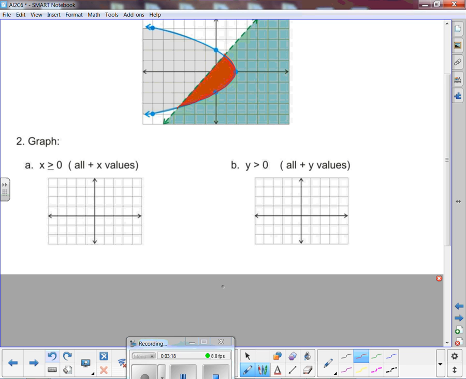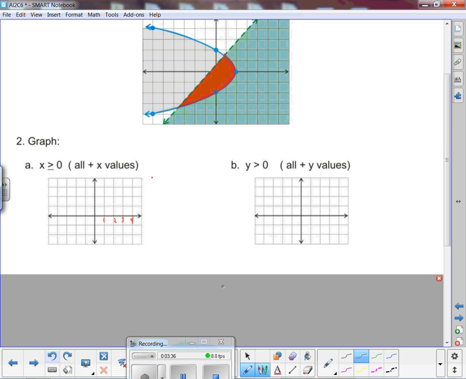Okay, so what does the graph of that inequality look like? Well, because it's all the x values, and those positive x values are all over here, right? Because again, that's a positive 1, a positive 2, positive 3, positive 4, right? So we're looking at all the values there.